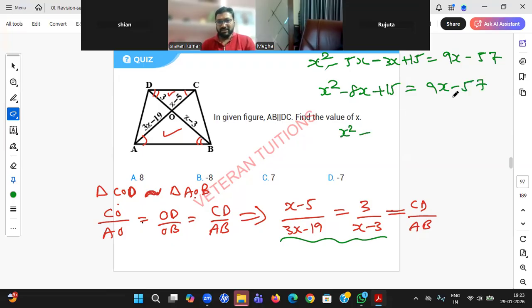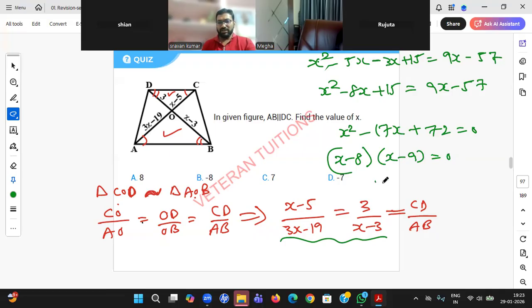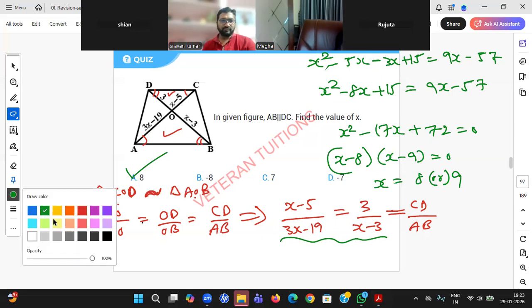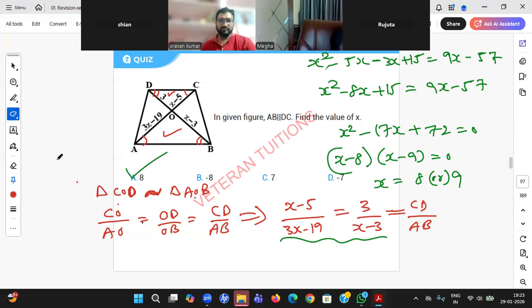X square minus 17x plus 72 equal to 0. The roots are 8 and 9. X minus 8 into x minus 9 equal to 0. X equal to 8 or 9. 8 will be your answer. Okay, students?